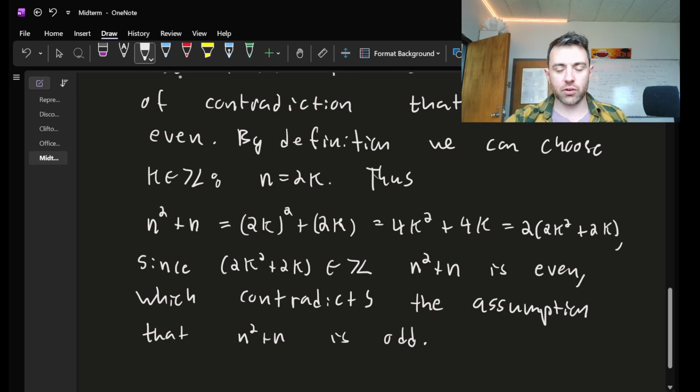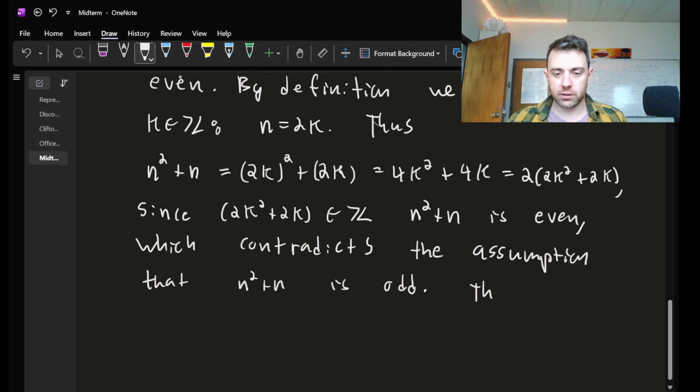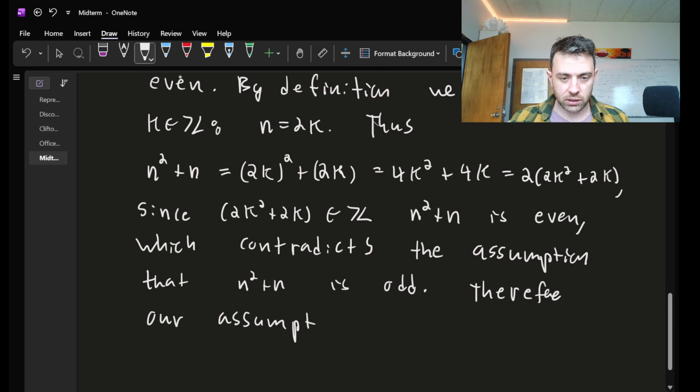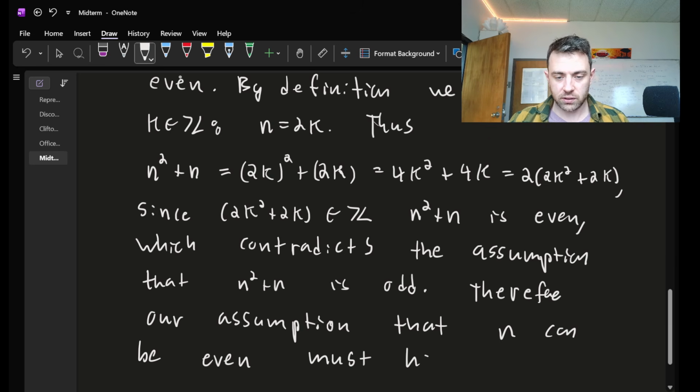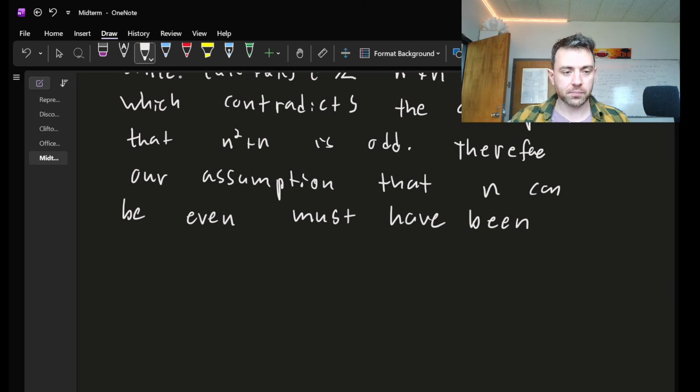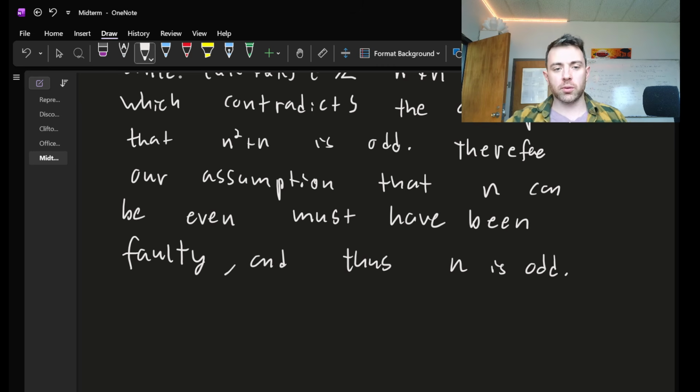So, therefore, our assumption that n can be even must have been faulty. And thus, n is odd. Okay, so that's approach number 1 to this problem.